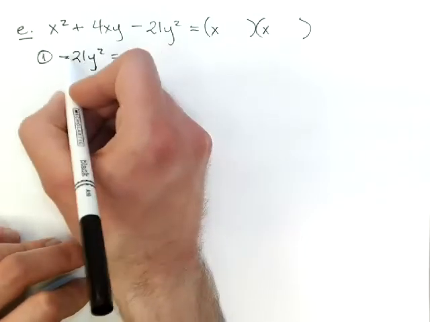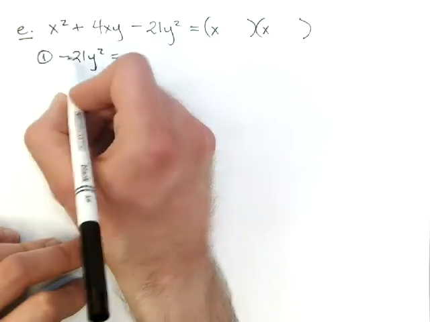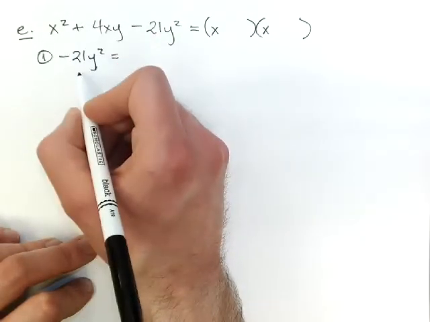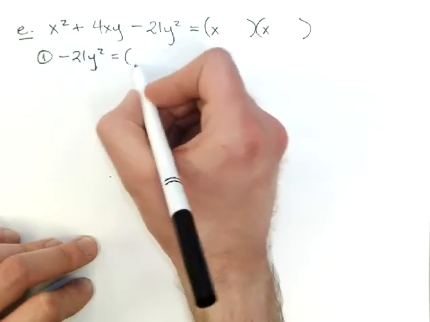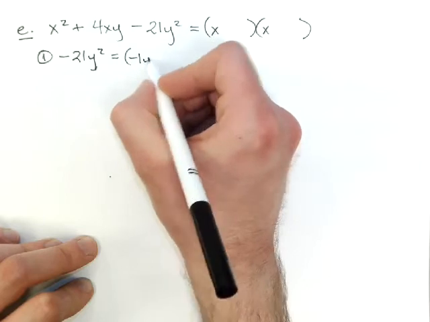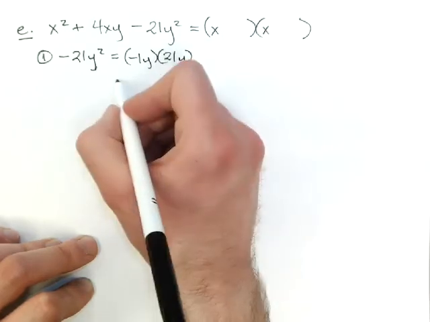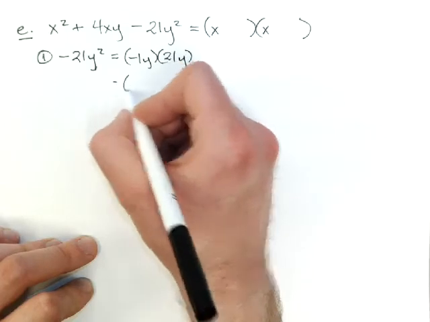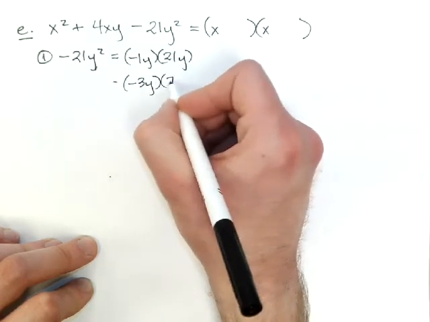We need a negative and a positive, with the positive bigger. So we could have a negative 1y times 21y. We could also have a negative 3y times a positive 7y.